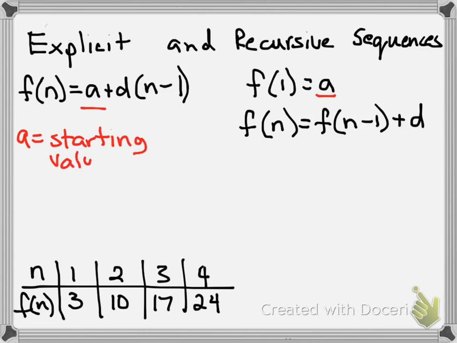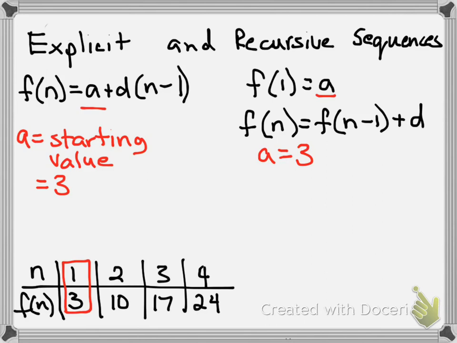It's the same concept for explicit, and it's the same concept for recursive. And what you're going to want to do is start out by just writing what the starting value is. And so our starting input is 1, and our starting output, which is our starting value, is 3, okay?